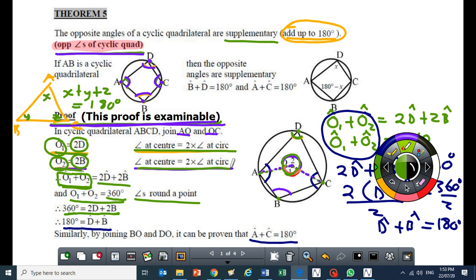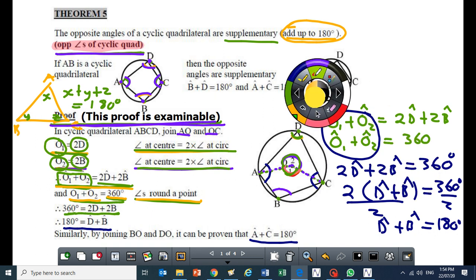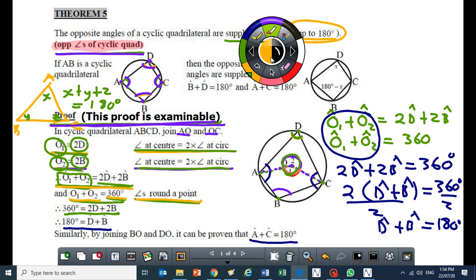When you do that, you end up with the equation O1 plus O2 equal to 2D plus 2B. Then, you also know that if you add angle O1 and O2, you get 360 degrees because they are angles around a point.